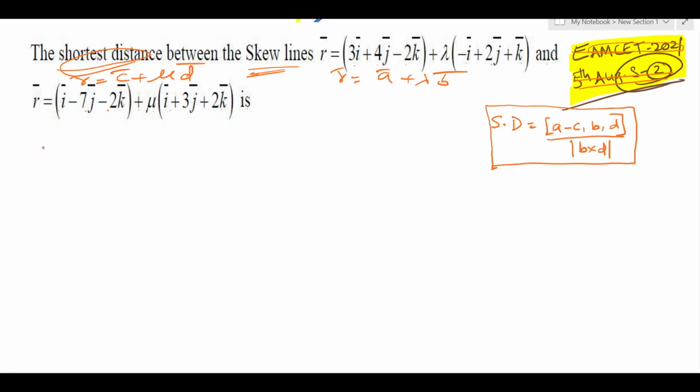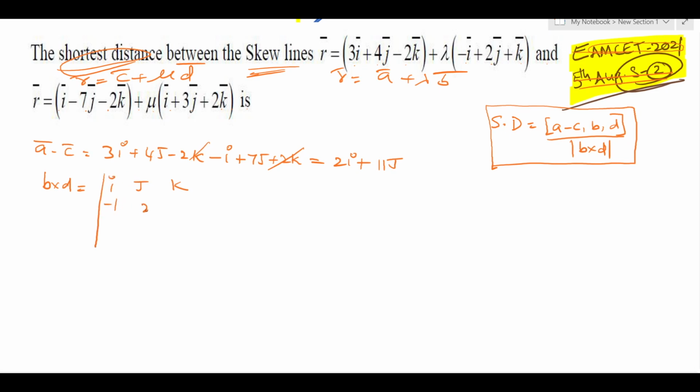First we find a bar minus c bar, that is a bar is 3i plus 4j minus 2k minus c bar, this is minus i plus 7j plus 2k, that is equal to 3i minus i, 2i, 4j plus 7j, 11j, minus 2k plus 2k, this is cancelled. And now we find b cross d. B cross d is equal to i, j, k, and b value is minus 1, 2, 1, and d value 1, 3, 2.